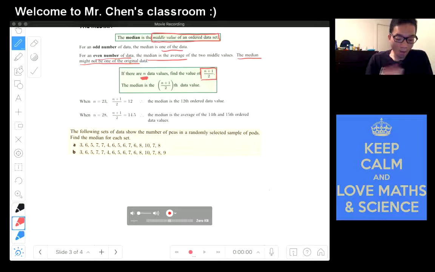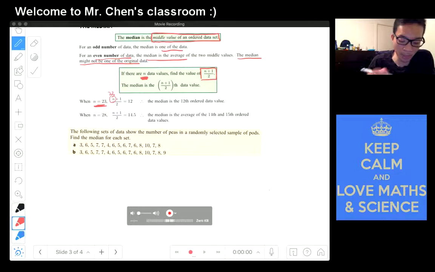For example, when n equals 23, if you're measuring the height of 23 people and you want to find the median, you replace n with 23, plus 1 becomes 24. 24 divided by 2 is 12.